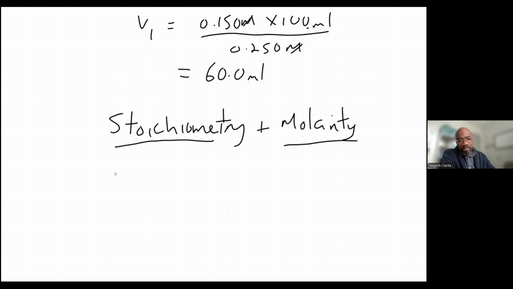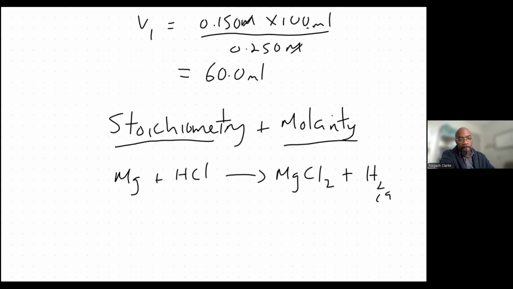Let's take magnesium plus HCl. We like to use this one. Like HCl, a lot of times, is given to us in a molar solution. Give us magnesium chloride plus hydrogen gas. Let's balance this first.